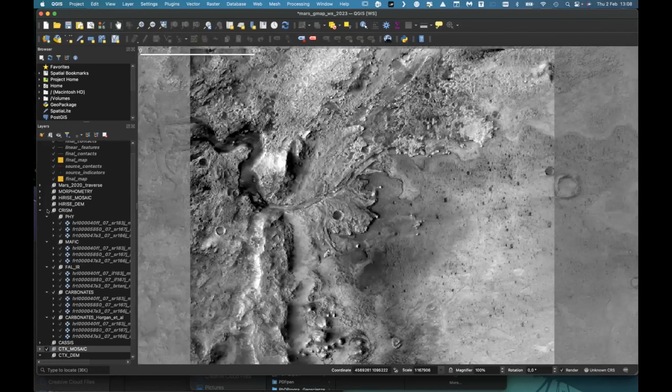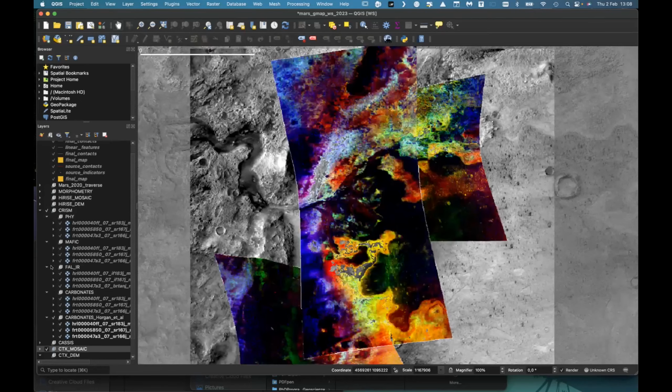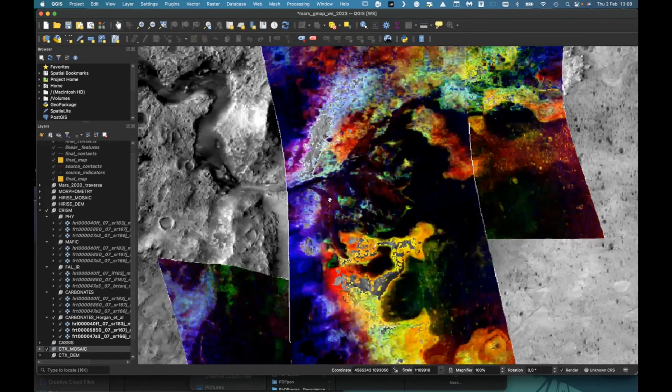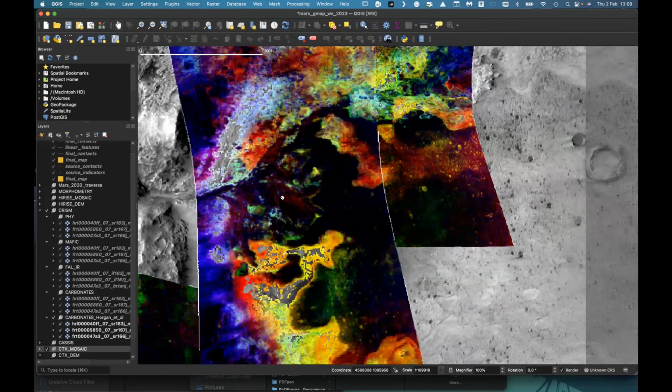Actually here they say both strong carbonate detection and olivine detection, but the carbonate detections are the strongest in the white area that Monica is showing now.